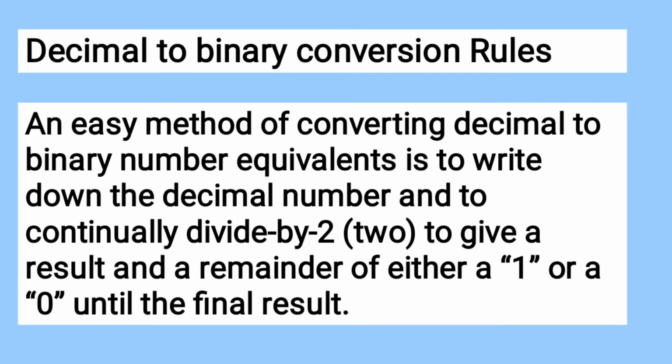So the base of the decimal number system is 10 and that of the binary number system is 2. Right now we are aiming to convert from decimal to binary. That means the base of decimal is 10 and that of binary is 2. Since the base of binary is 2, that is why we are going to divide our number by 2.